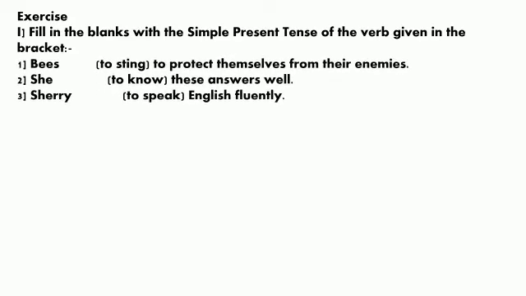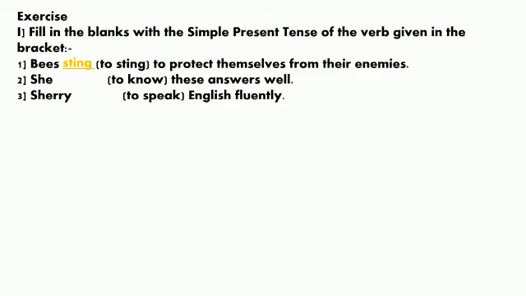Now here we have the exercise: the simple present tense of the verb given in the bracket. For example, the first one, bees dash to sting to protect themselves from their enemies. Now you have to write the given word in the bracket in the present tense. How are we going to do it? Bees sting.